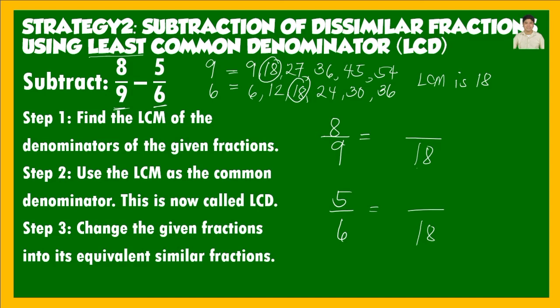Now, 18 divided by 9, we have 2 times 8, the numerator, we have 16. 18 divided by 6, we have 3 times 5, 15. So, ayan, 16 over 18 and 15 over 18. Similar fractions na po sila.